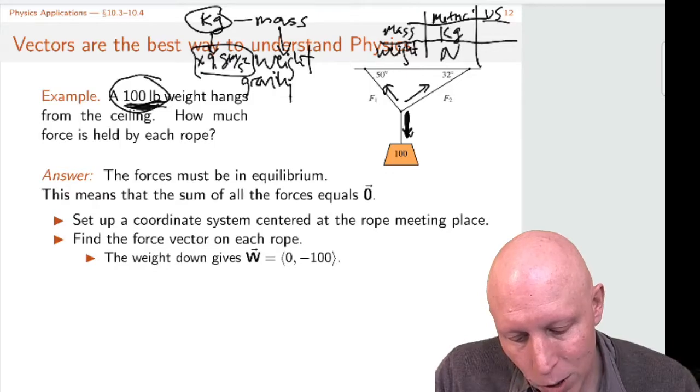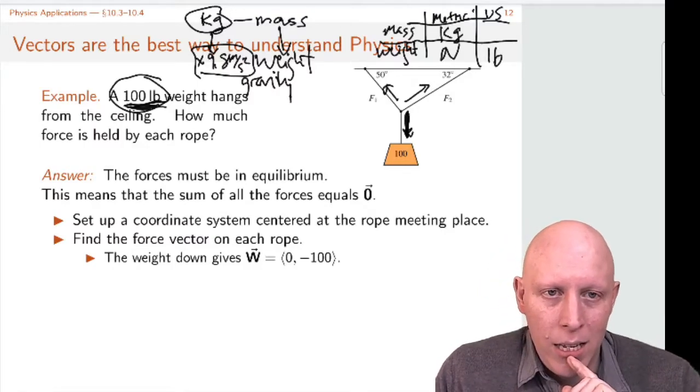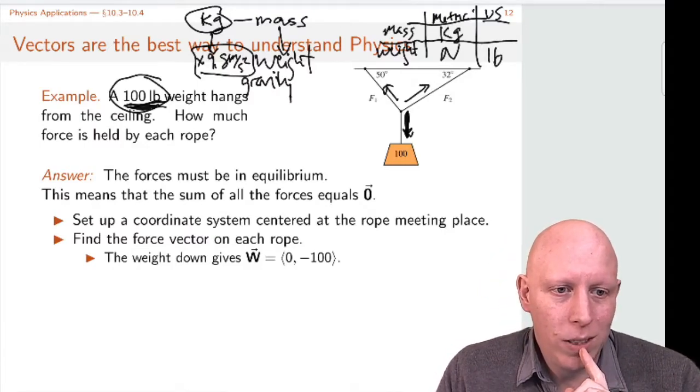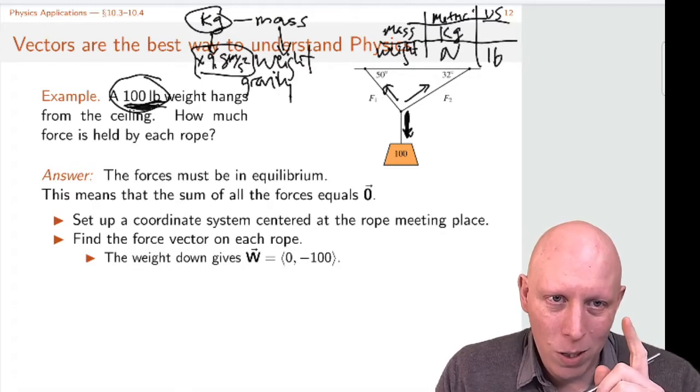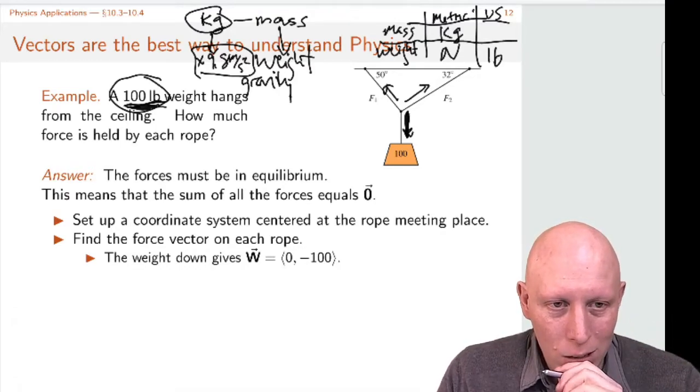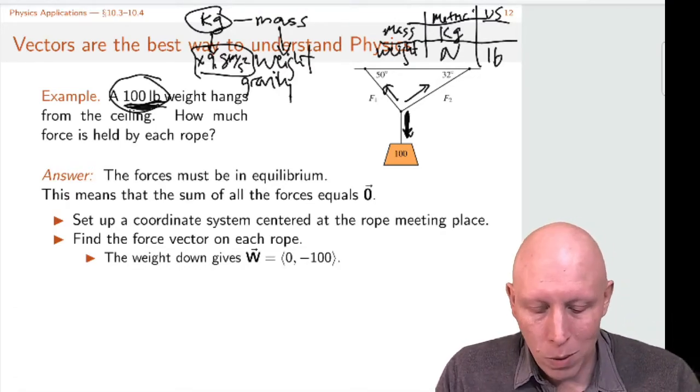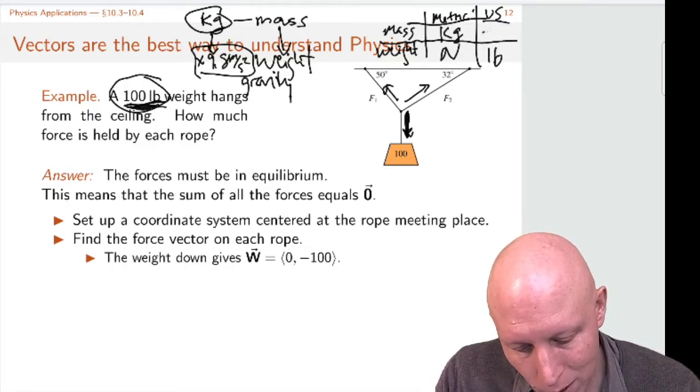In the US, we deal with weight, which is in pounds. Have you heard what the mass unit is for the US system? Most people haven't. It's actually called a slug.